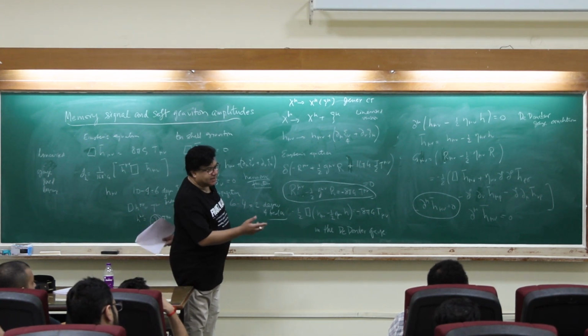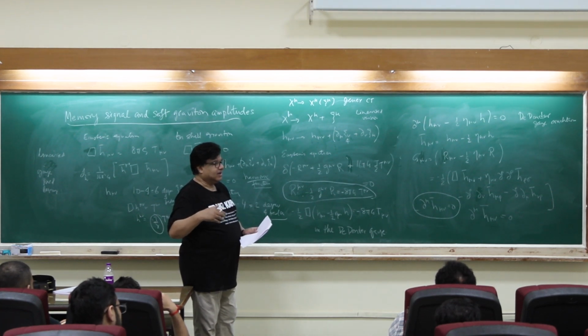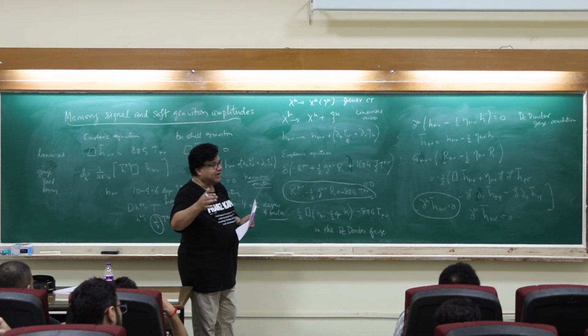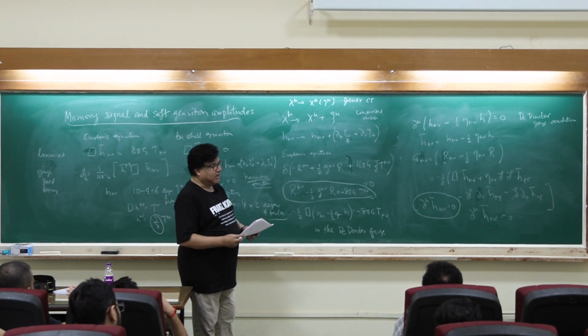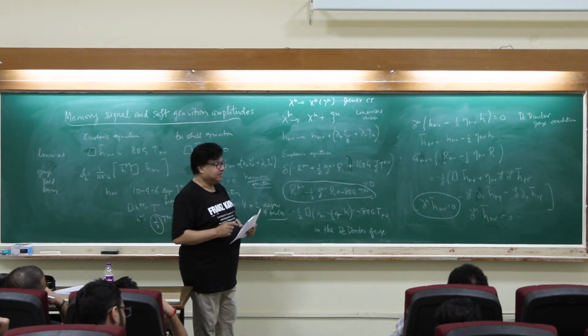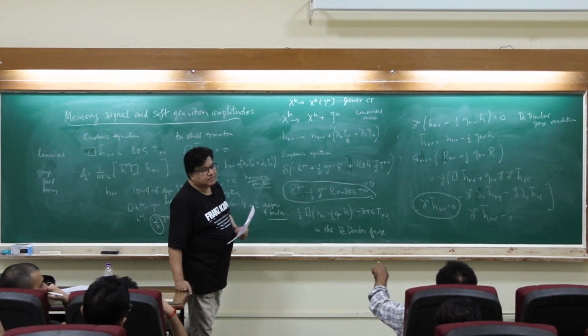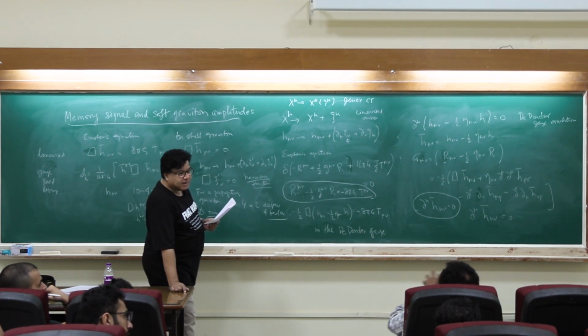So you will have a propagating longitudinal graviton. Here the longitudinal mode does not propagate, but if you have a medium, the longitudinal mode, the scalar mode, also propagates. So this is the analog of electromagnetism, 4 minus 1 minus 1 is 2. Here it is 10 minus 4 minus 4 is 2.